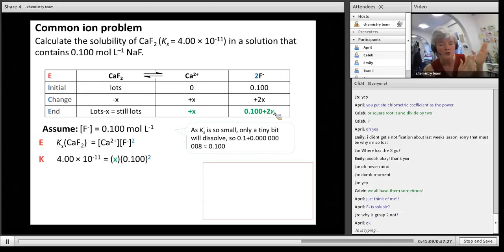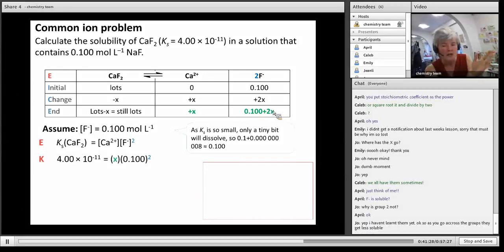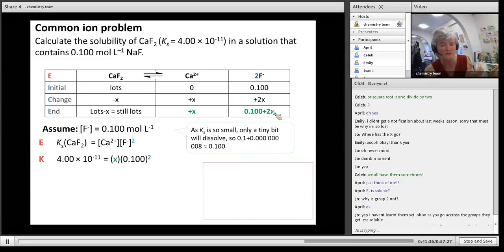Group 1 is only a single charge of +1, so Na+, K+, lithium+. So they can dissolve because water is able to tug it out of there. But once you get to group 2, you get to a 2+ charge. So it's now going to be more strongly attracted to the anions, and so it won't dissolve as easily.